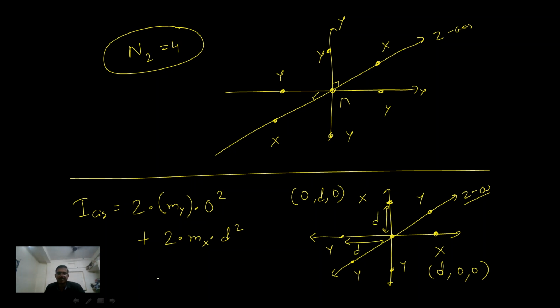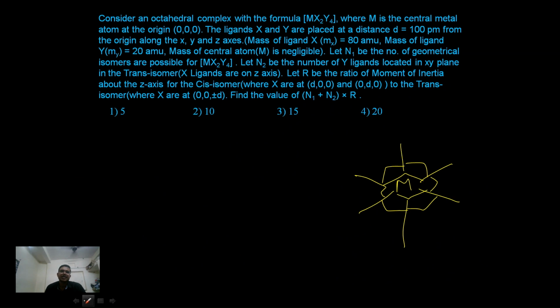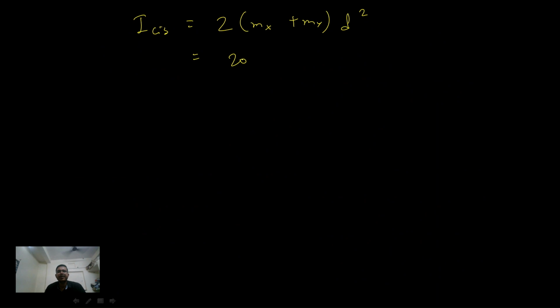Plus 2 times mY times d squared. So I of cis is equal to 2 times (mX plus mY) times d squared. Now mX is 80 and mY is 20, so 80 plus 20 is 100. So it is going to be 200 d squared.